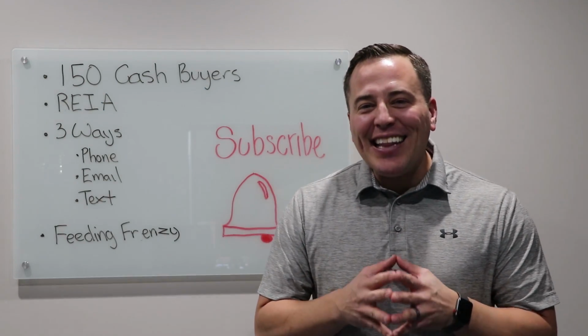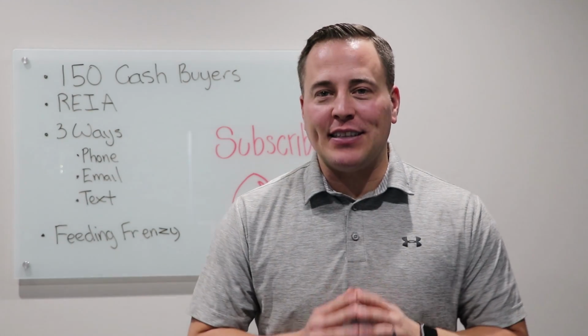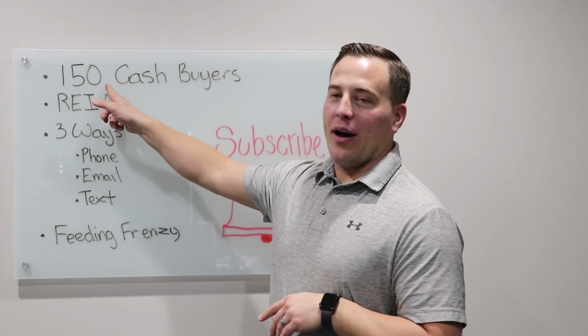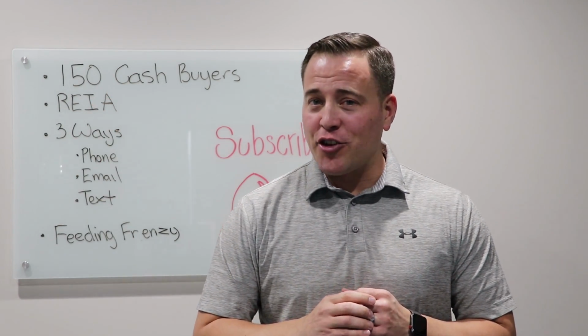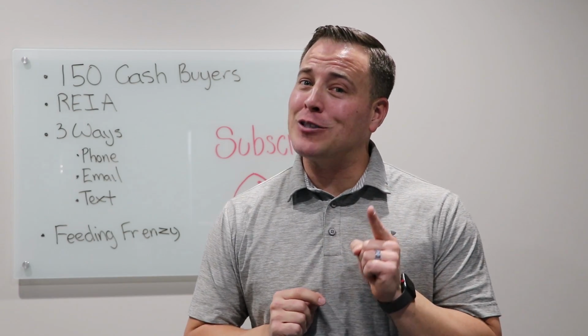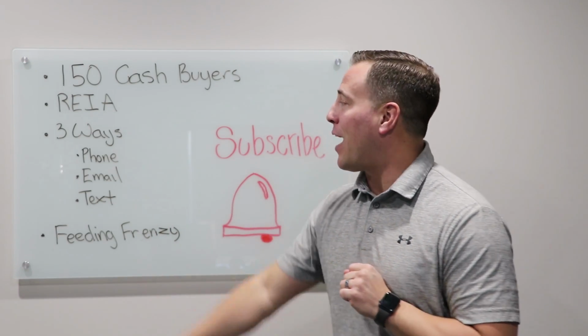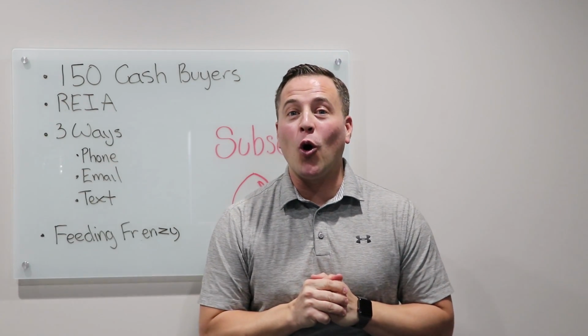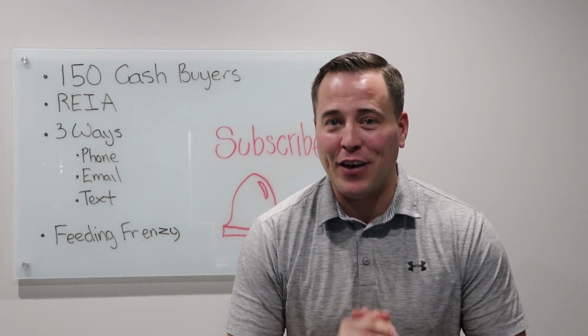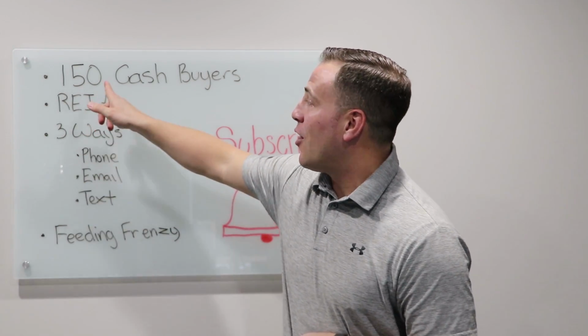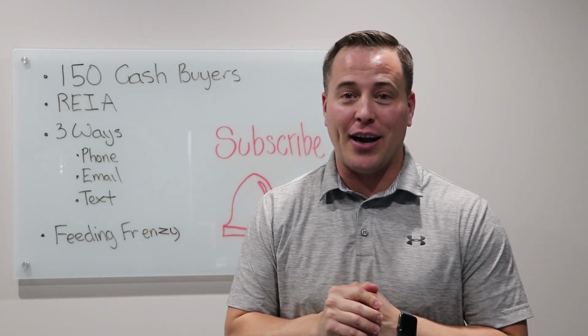All right, guys, in this video, you should remember these key points. Always have a minimum of 150 cash buyers, but don't stop there. Always grow that, but that is your minimum, 150 cash buyers. Go to your local real estate investor associations to find those 150 cash buyers, okay?